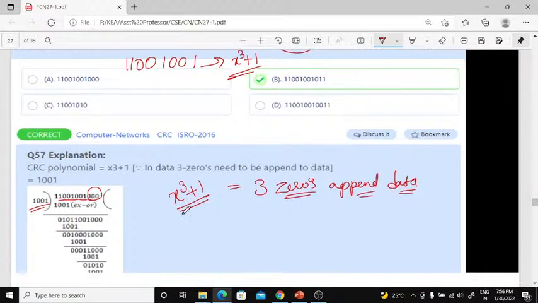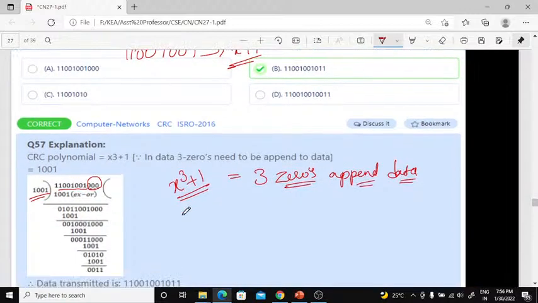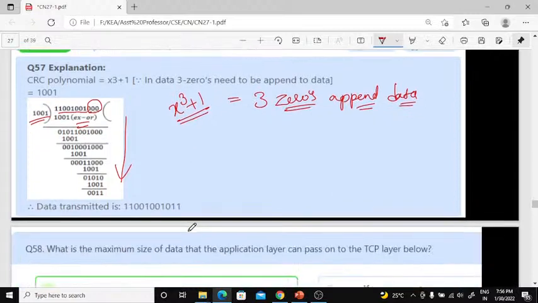If you do the division, an XOR operation is used. Once we do the division, we get the data to be transmitted.